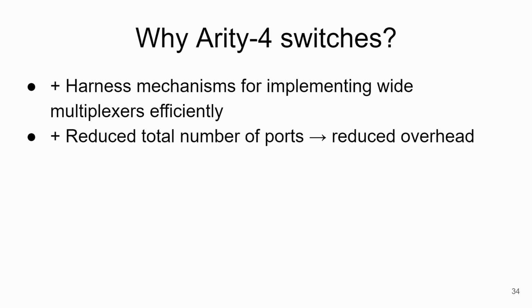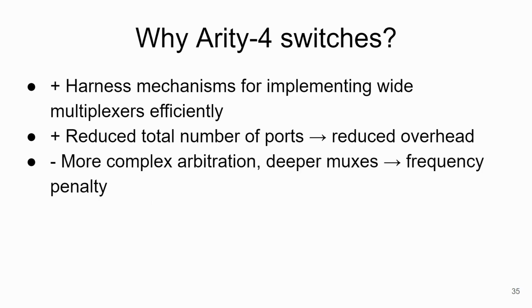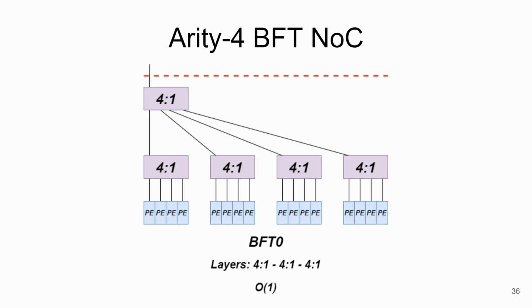Arity-4 BFT NoCs have lower total numbers of switches and of switch ports compared to Arity-2 BFT NoCs with the same bisection bandwidth, and this implies a reduced overhead due, for instance, to buffering of packets in switch inputs. On the other hand, Arity-4 switches have more complex arbitration and deeper multiplexers, which results in a frequency penalty.